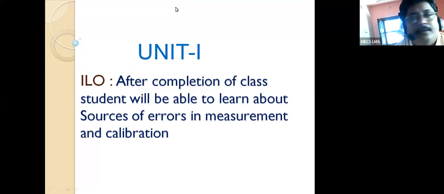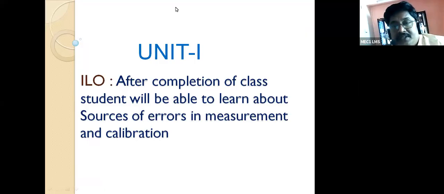So just for about 10 minutes, we will go for a summary of the pre-yesterday's class. In the yesterday's class, we discussed the generalized measurement system and also the dynamic characteristics of a measuring instrument.